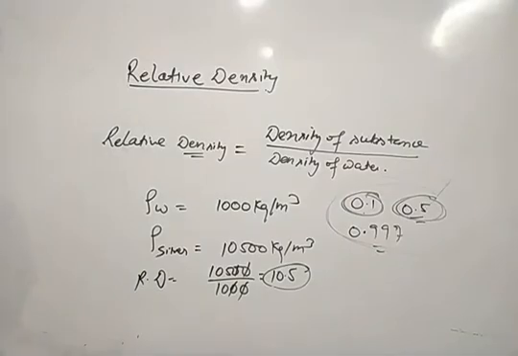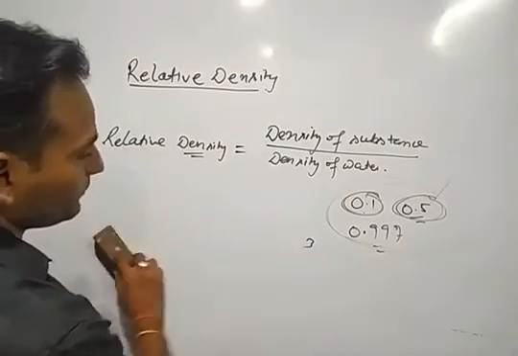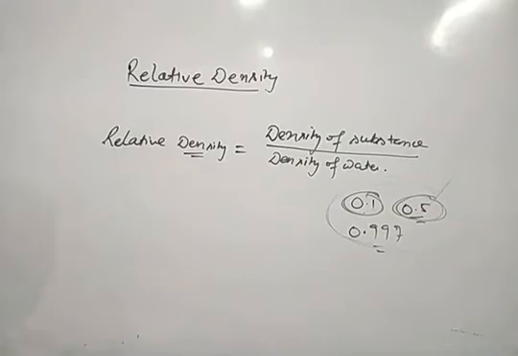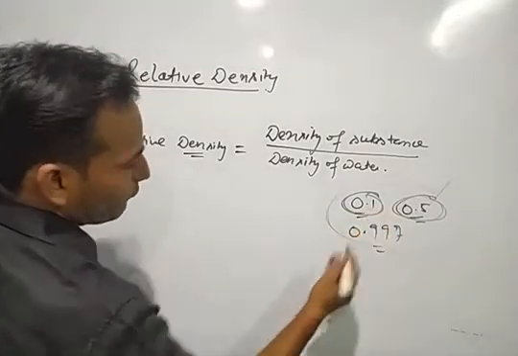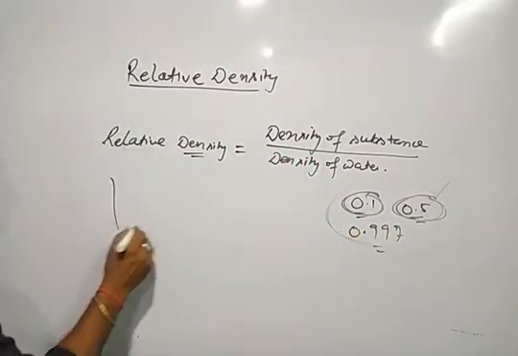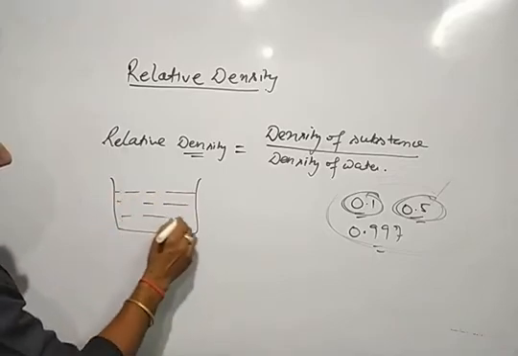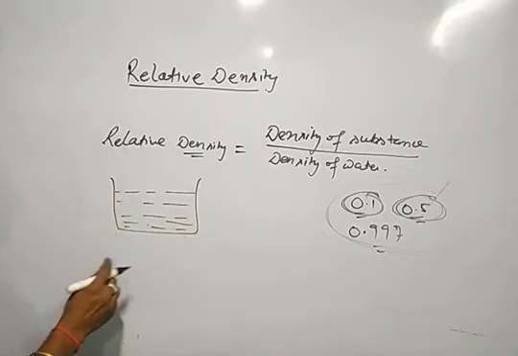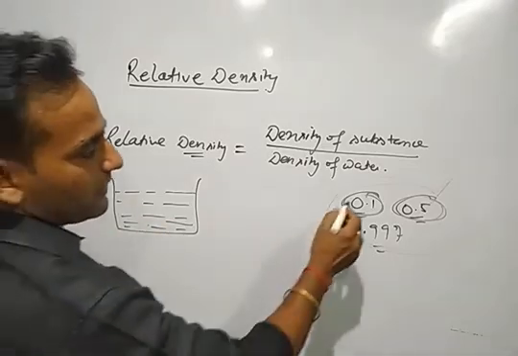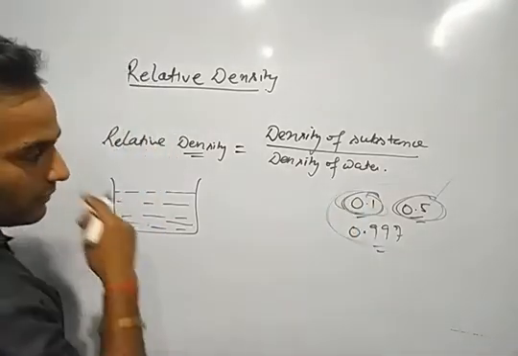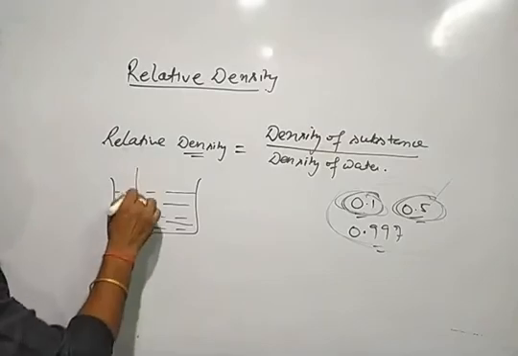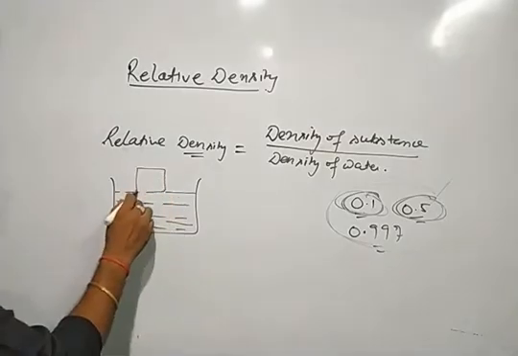What is the meaning of that? Listen carefully. If any object has the relative density 0.1, what will happen? If we have a beaker with some water, and an object with relative density 0.1, that object will surely float on the water.